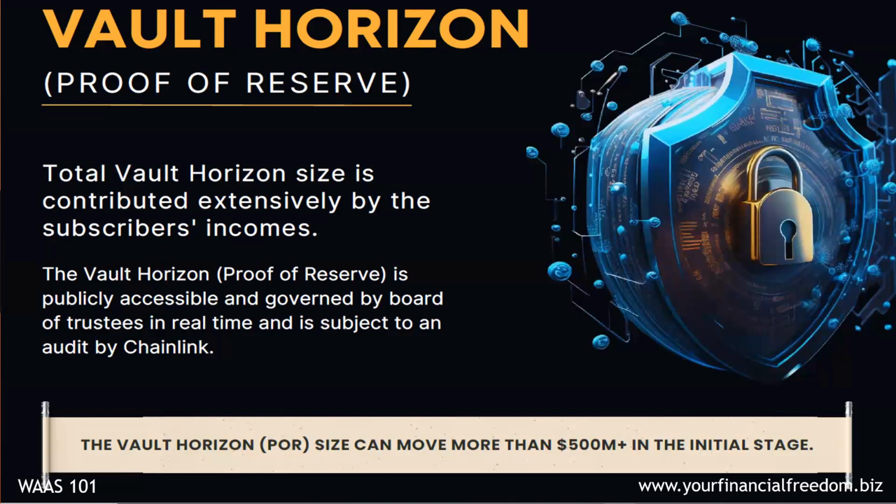Now, the vault horizon size is contributed extensively by the subscriber's income. The vault horizon proof of reserve is publicly accessible and governed by a board of trustees in real time and is subject to an audit by Chainlink. Now, the board of trustees, again, would be top leaders who have reached the Bitcoin club.